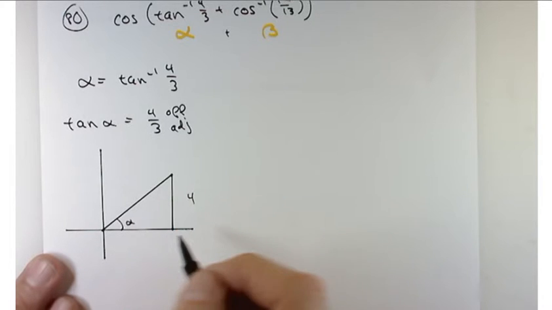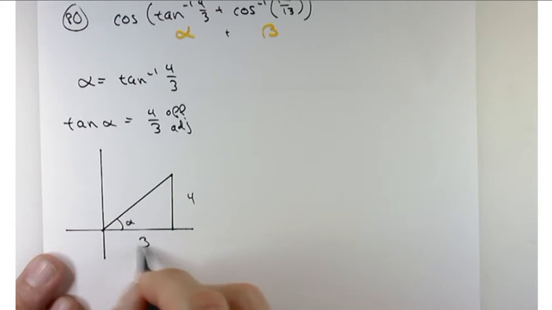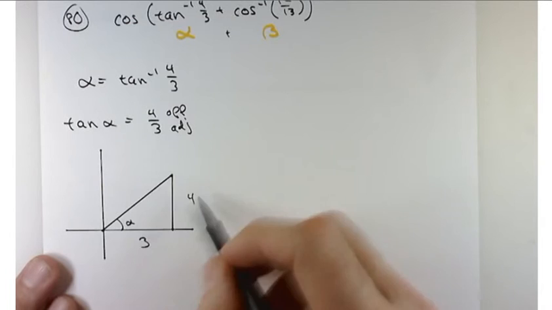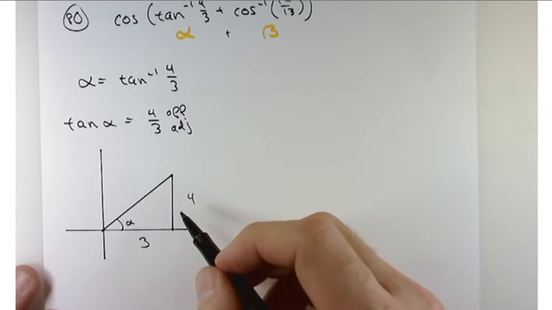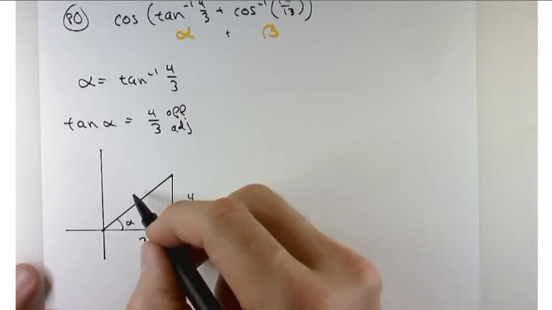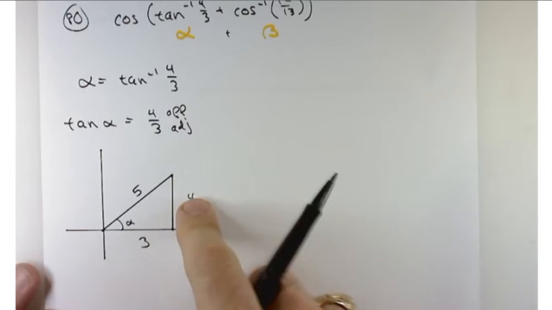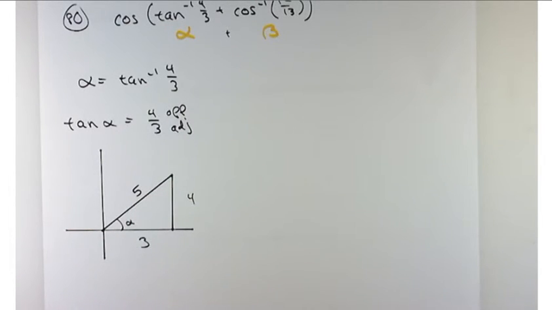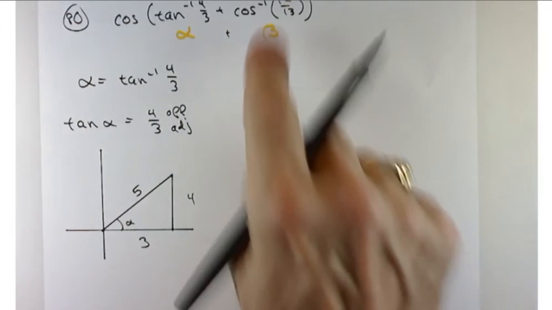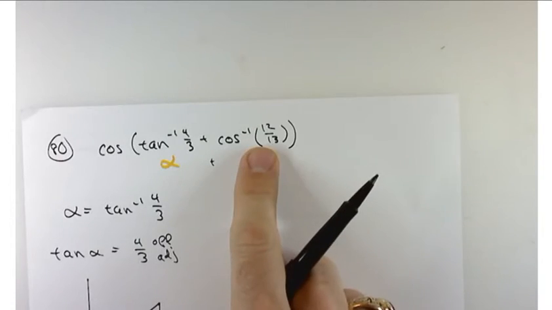Let's see about the other one. Cosine inverse of 12 over 13. So that's our beta. Beta equals cosine inverse of 12 over 13. So cosine of beta equals what? 12 over 13.